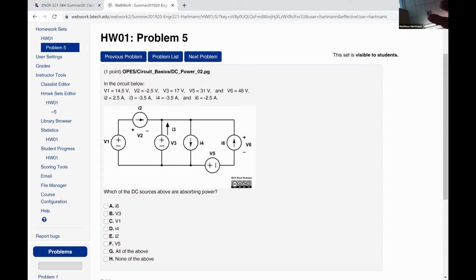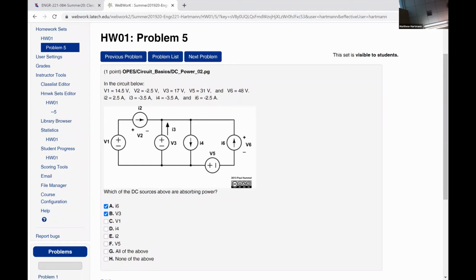V5 is positive, I6 is negative, so it's absorbing negative power, so that one doesn't work. And lastly, the current I6 is flowing into the negative polarity terminal of the voltage V6. So I6 is negative, V6 is positive. It's supplying negative power, so it's absorbing positive power. So if my memory serves me correctly, V3 and I6 are the correct answers.